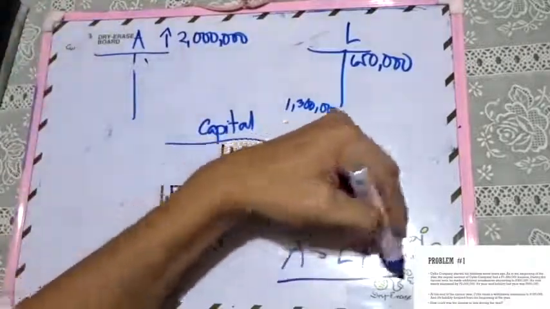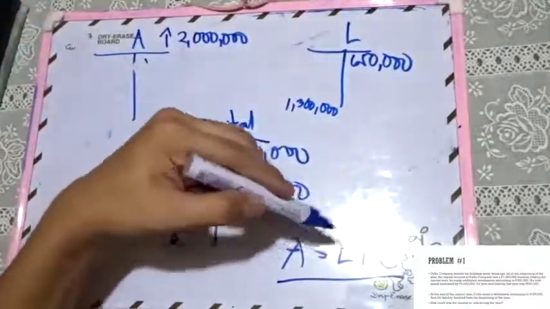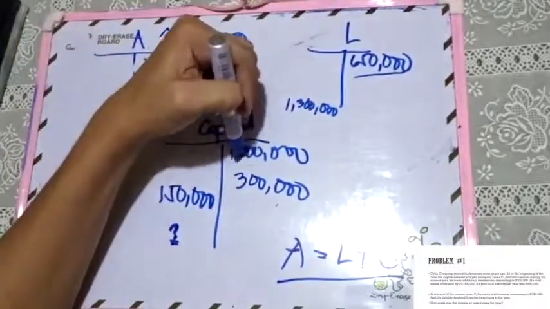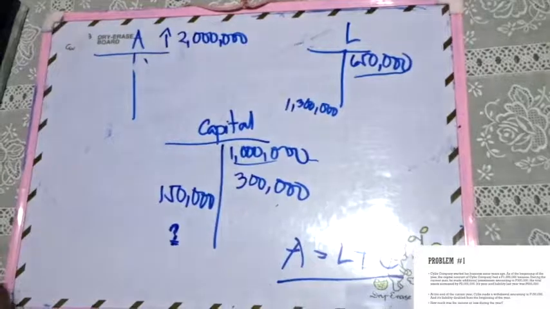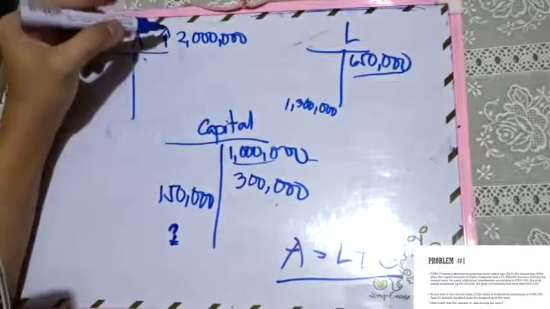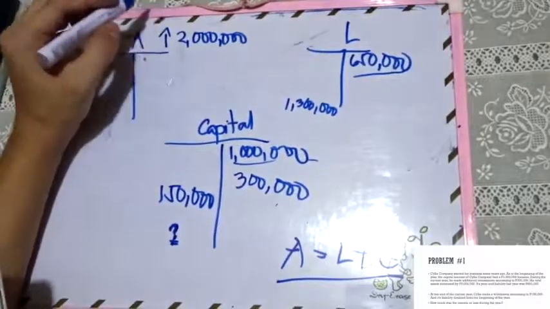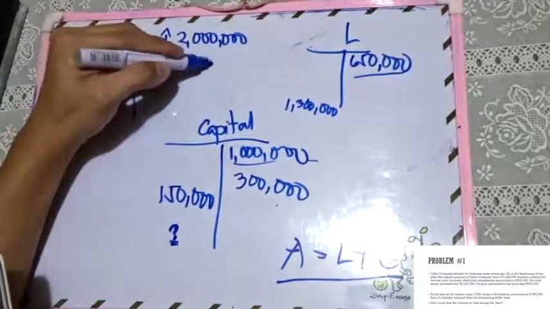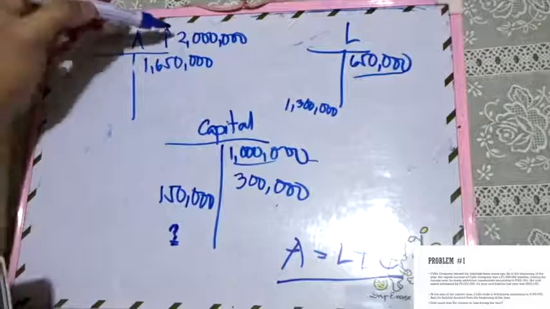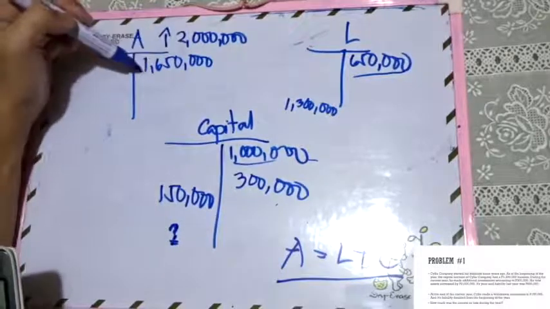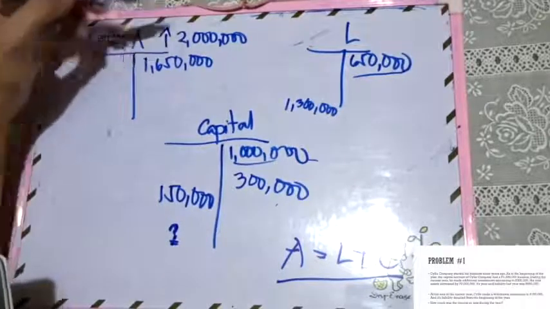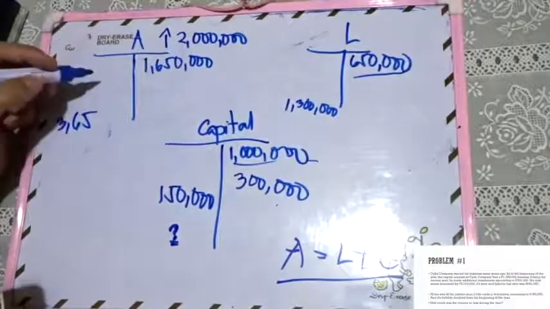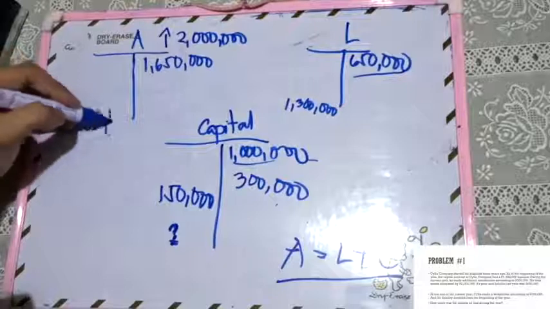So basing on the accounting equation, asset is equal to liability plus capital. The beginning balance of 650,000 and the beginning balance of capital of 1 million will give us a beginning balance of asset amounting to 1,650,000. And because there's an increase of 2 million for assets, that would mean the ending balance is now 3,650,000.